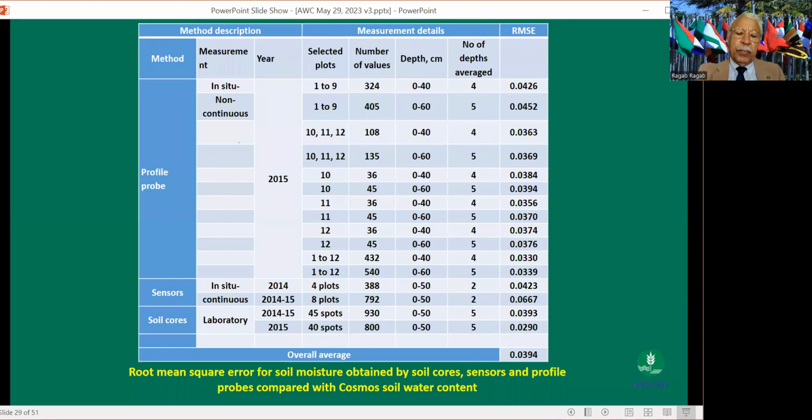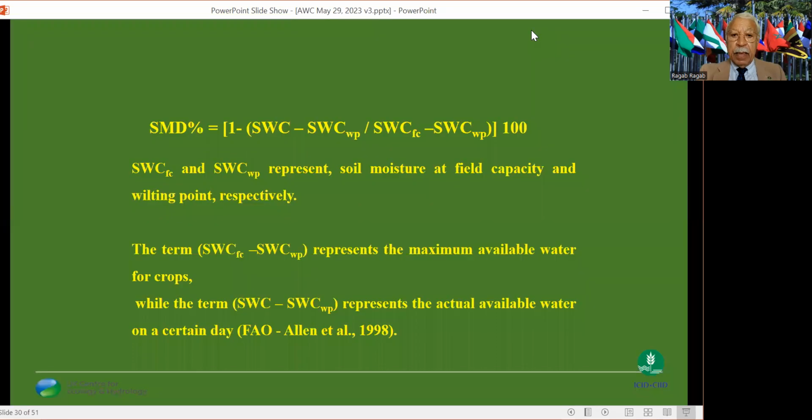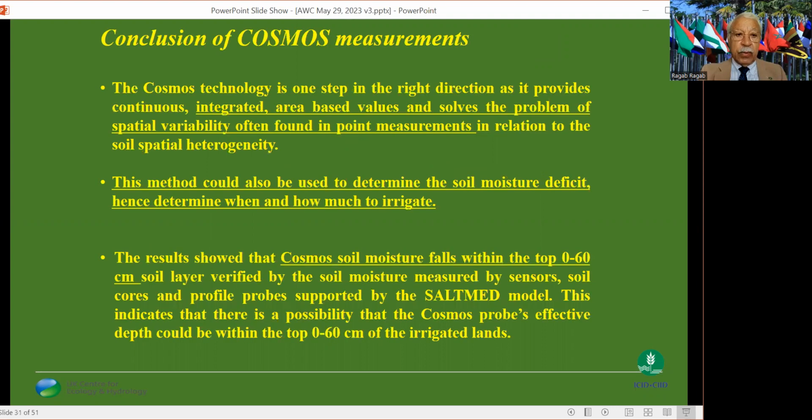When we compare the soil moisture of the COSMOS with other methods like cores, profile probes, and sensors, we found that they are very close to each other, with a minimal root mean square error. So we can use that soil moisture deficit to calculate the total amount of water to be applied for irrigation, and we can save a lot of water as well.